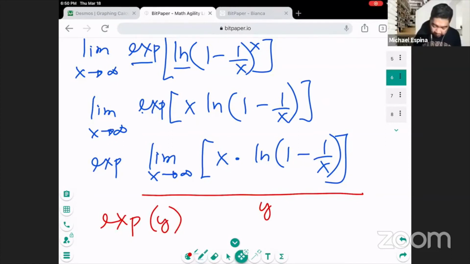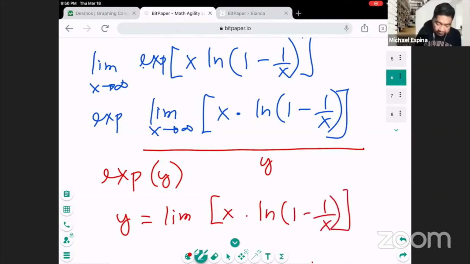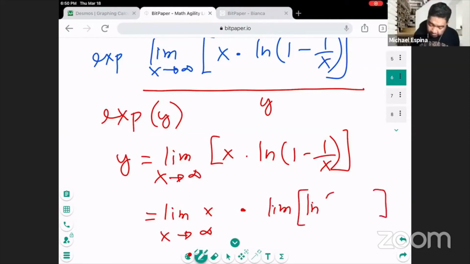So y would be equal to the limit of x times ln of (1 minus 1 over x) as x approaches infinity. As a property of a limit, we can take x and our f of x separately, so we can distribute our limit: the limit of x as x approaches infinity multiplied by the limit of ln of (1 minus 1 over x) as x approaches infinity.